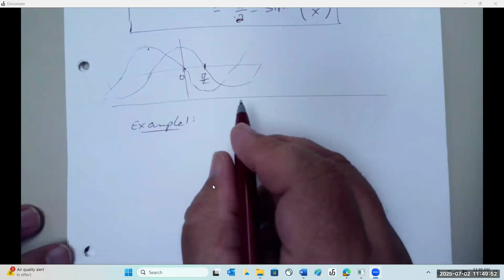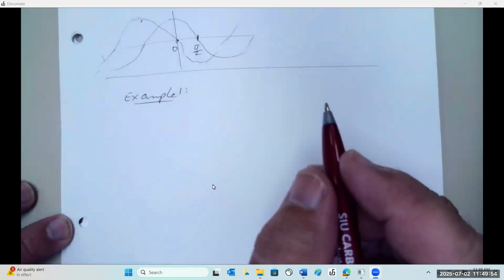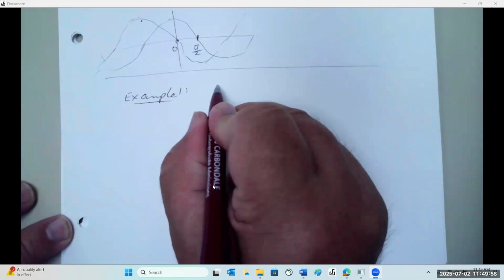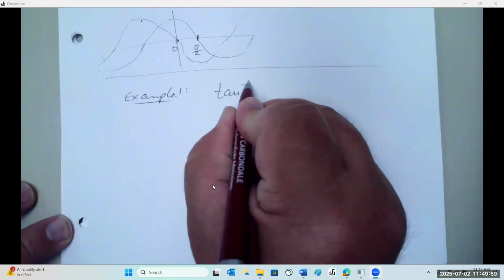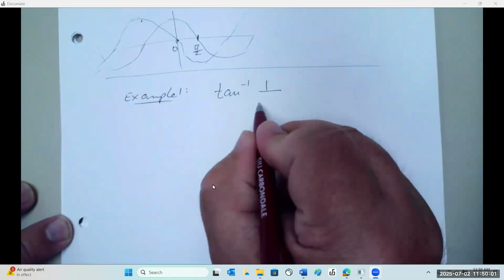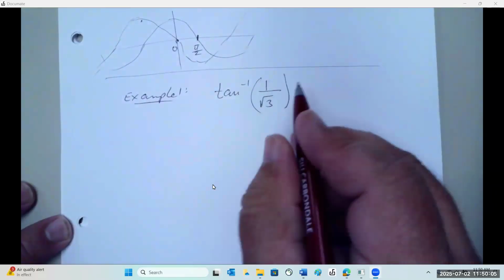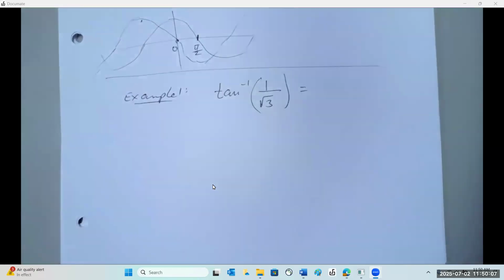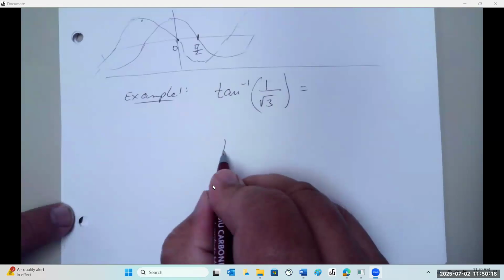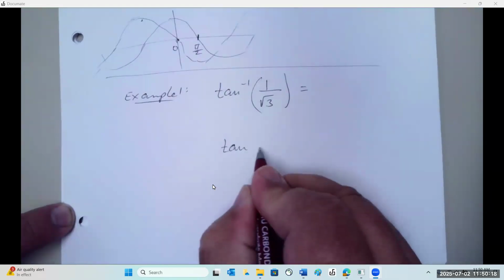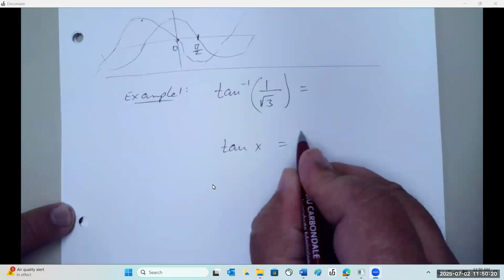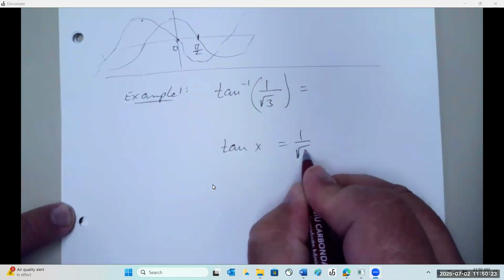Example 1. The inverse tangent of 1 over radical 3 is equal to what? Well, let's look at what x value will make this equal to 1 over radical 3.